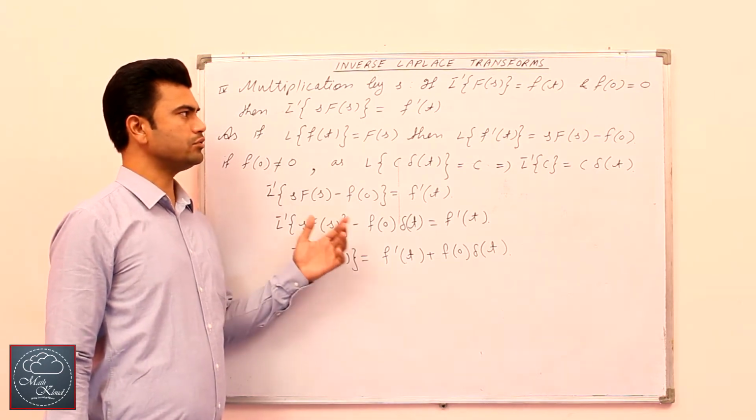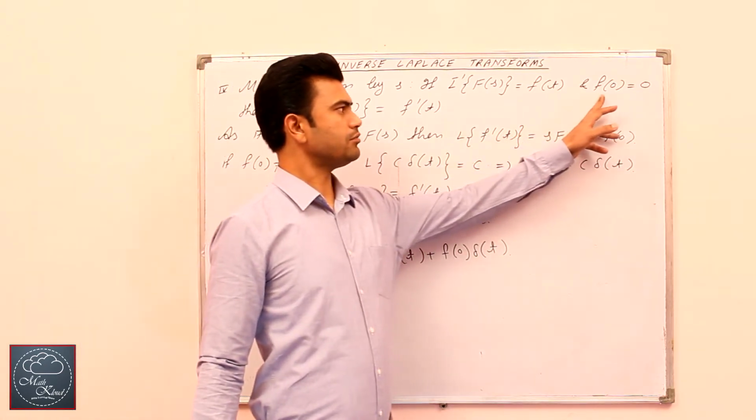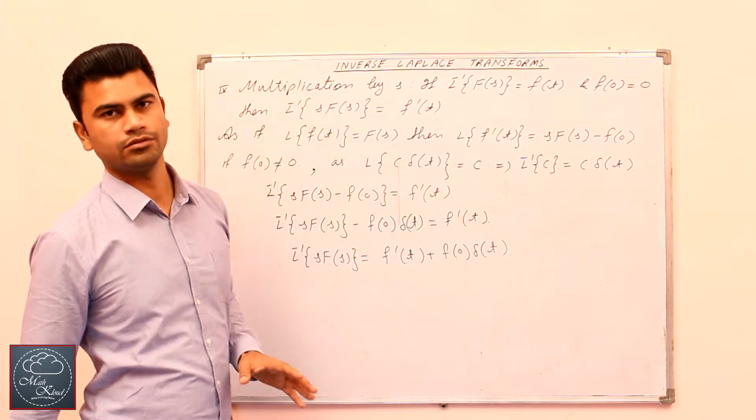So this result can be used in case f of 0 is non-zero, but in most of the cases we are going to use this result where f of 0 will be 0.